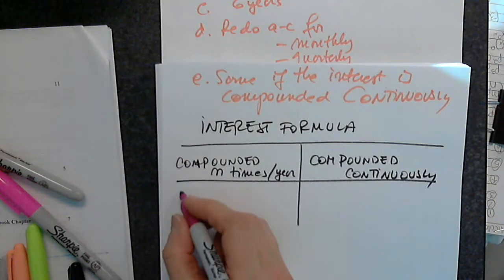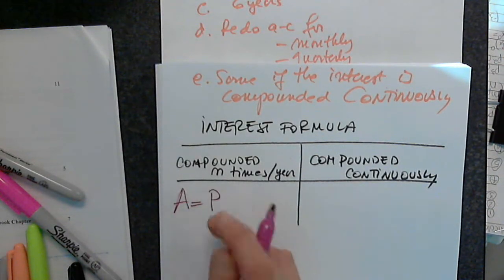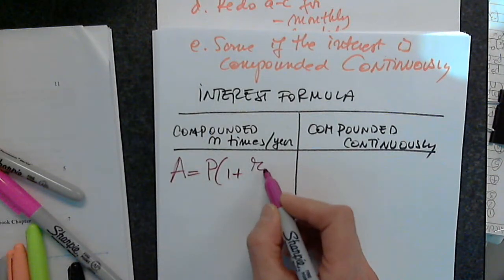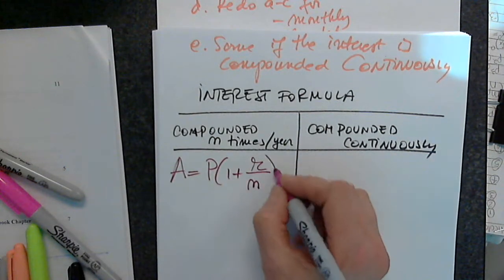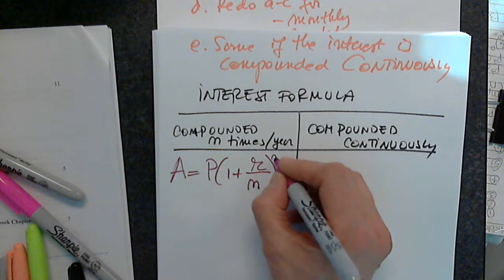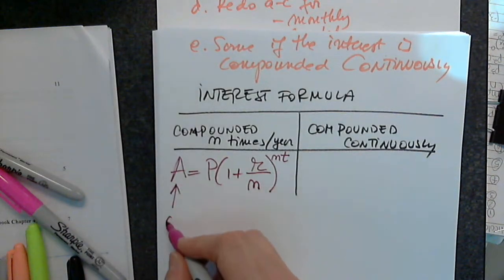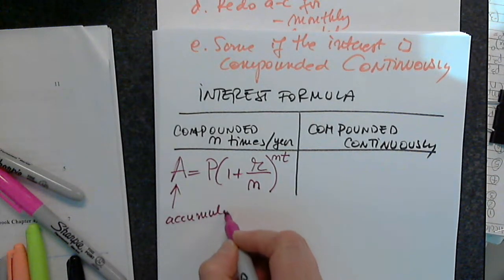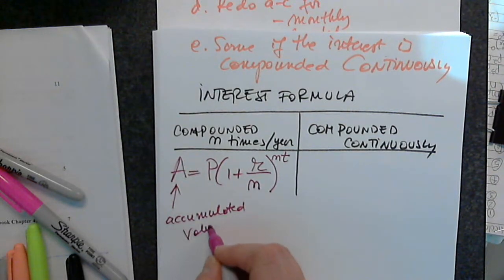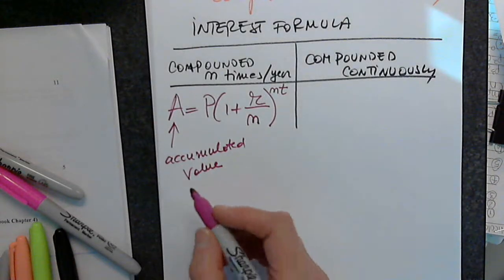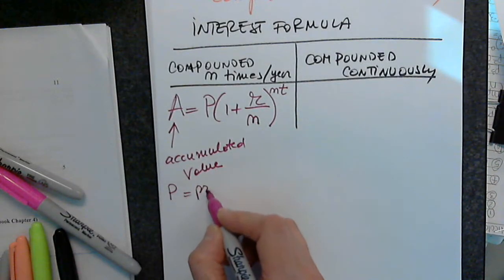Here's the formula. A equals P. I will identify each and every one of them. 1 plus r divided by lowercase n, everything in parentheses, power nt. Uppercase A is the accumulated value. P, principal.